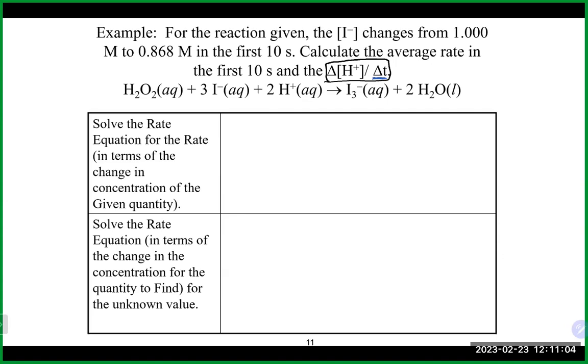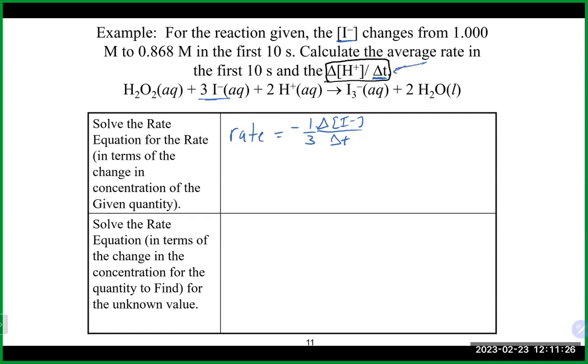All right, let's take a look and see here. So in this particular case, we are given information about I minus. So we can write the rate expression for that, which is the rate is equal to -1/3 because of the coefficient. And again, it's a reactant. The change in the concentration of I minus divided by change in time.